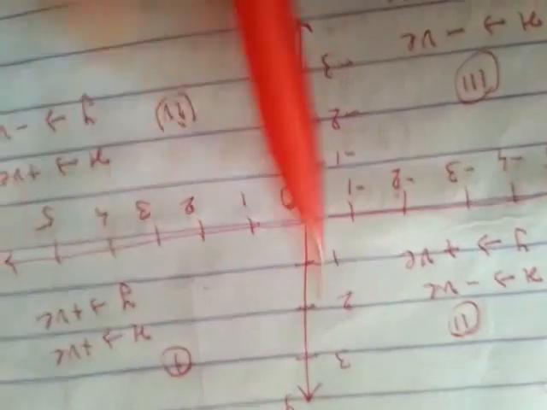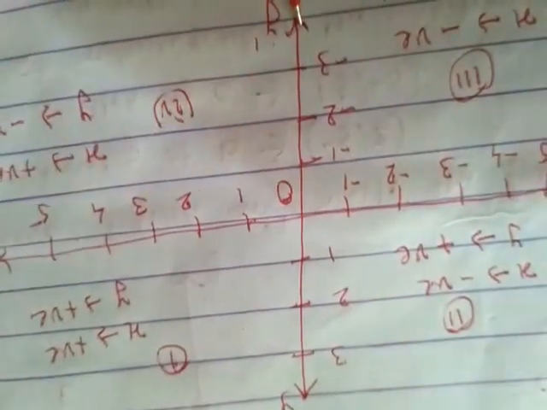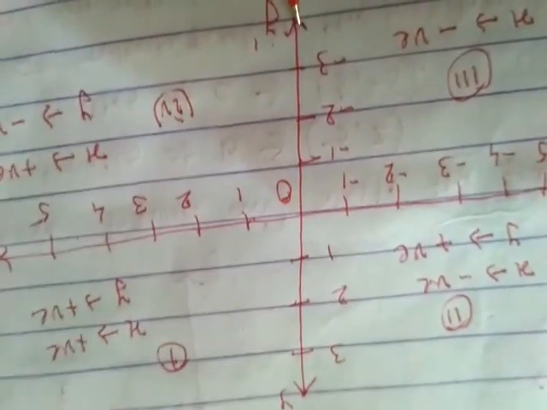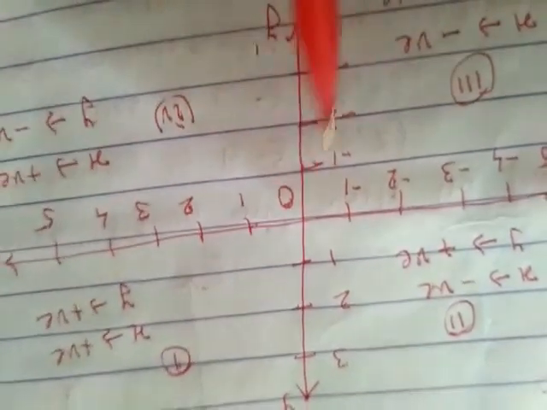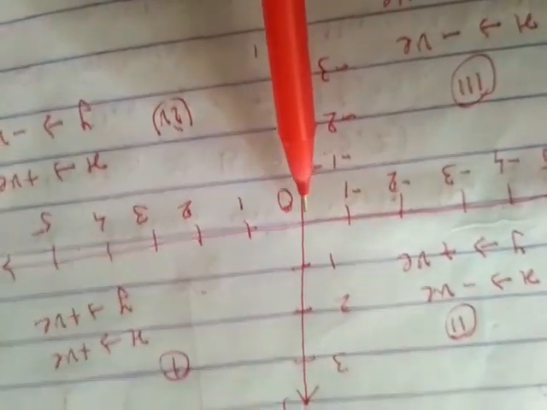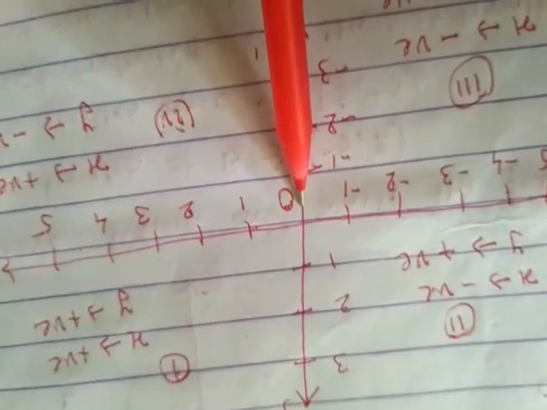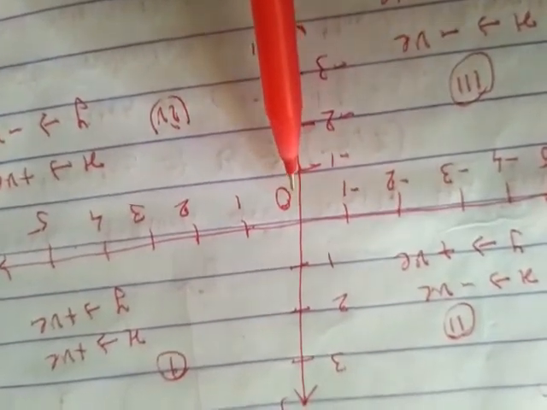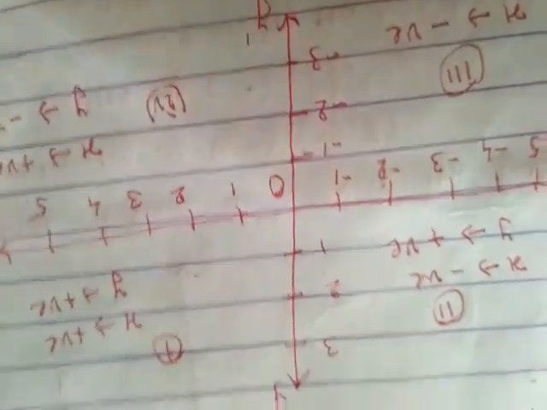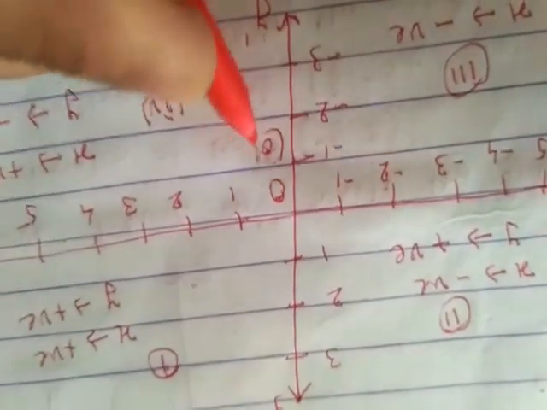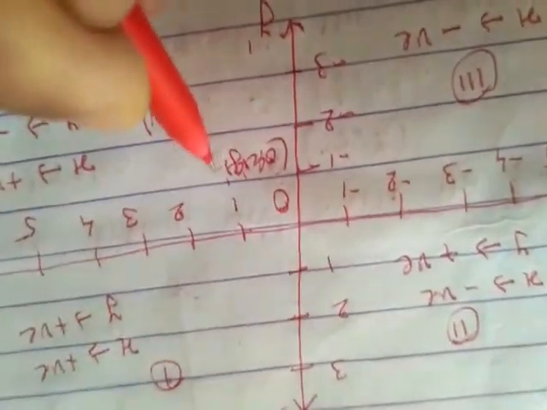That is a horizontal line called the x-axis and a vertical line called the y-axis. The point at which they meet or intersect is denoted by O, and is called the origin.